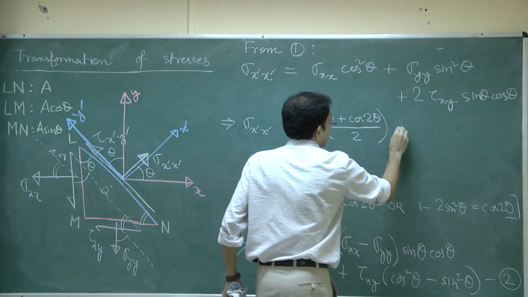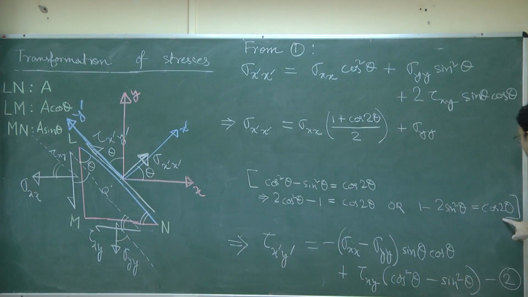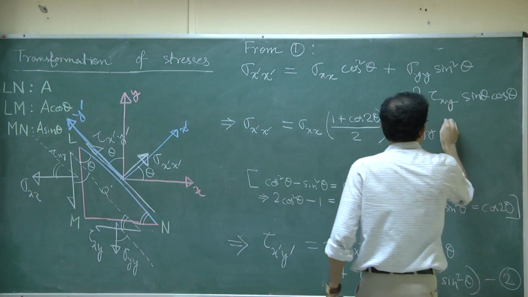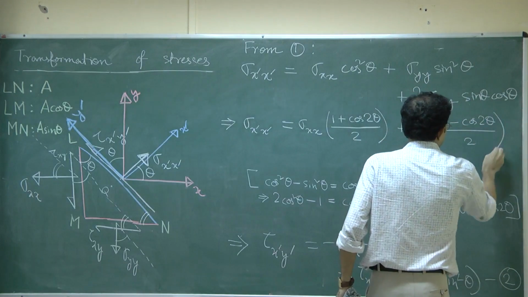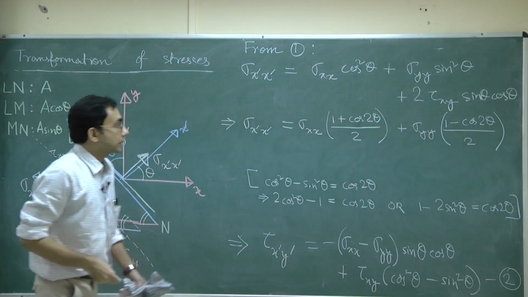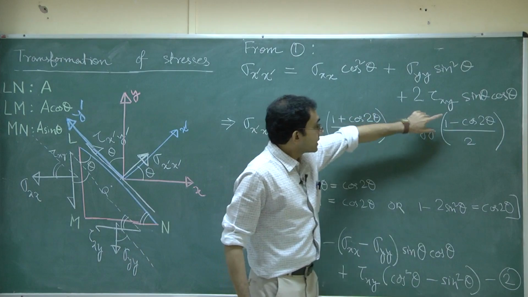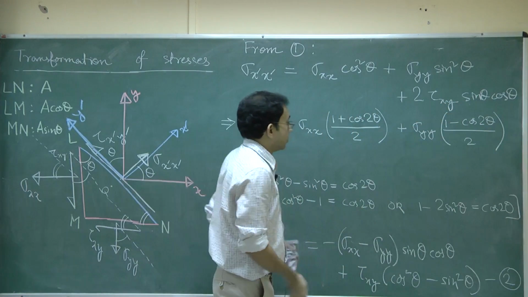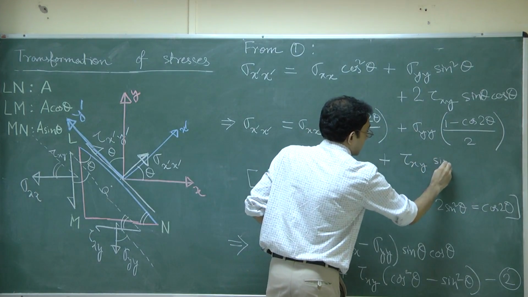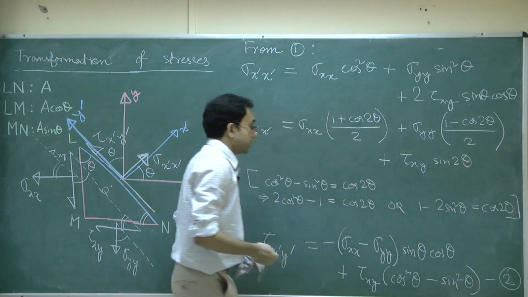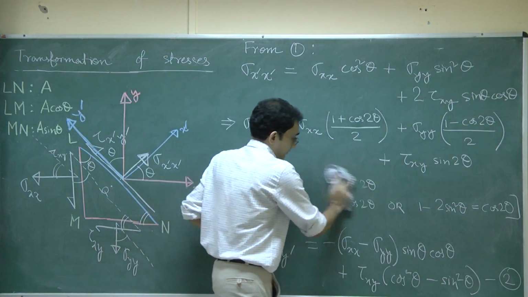This one becomes, from the second of these relationships, that, and finally the 2 is already present, which just needs to be written with these things, so we can quickly write that as tau xy sine 2 theta. Let me erase this little bit of rough work that I have used.